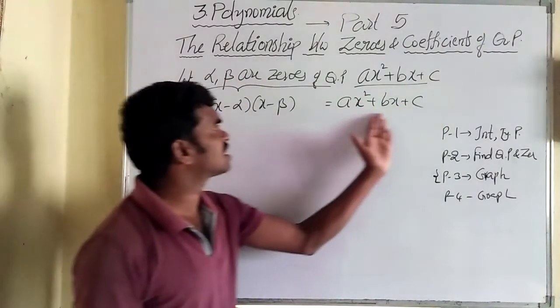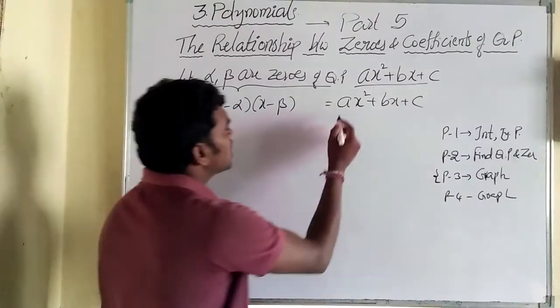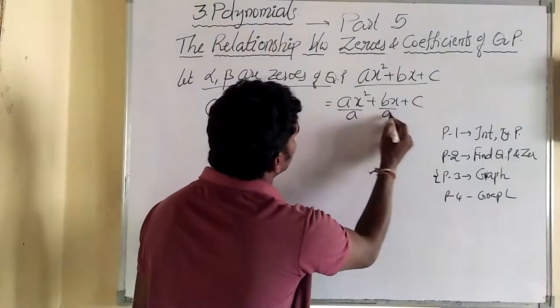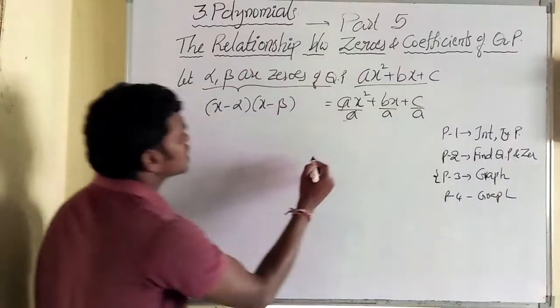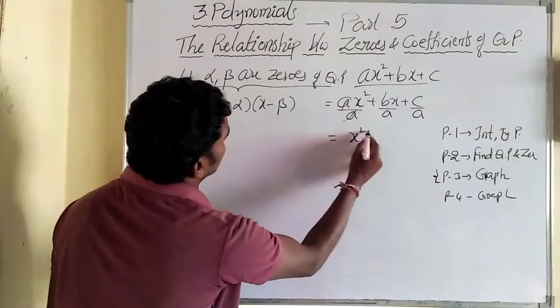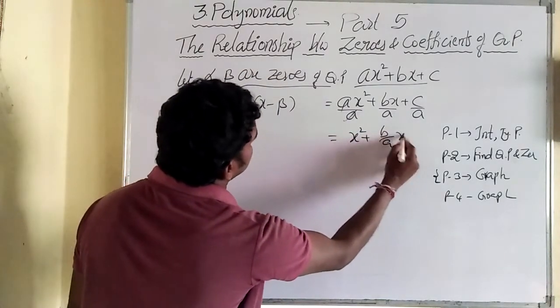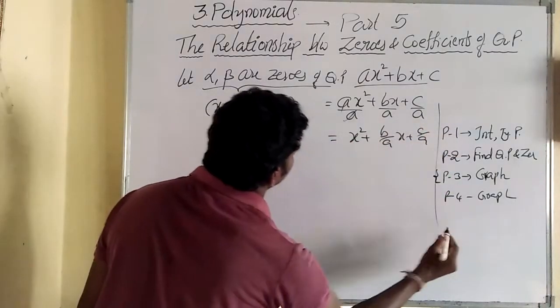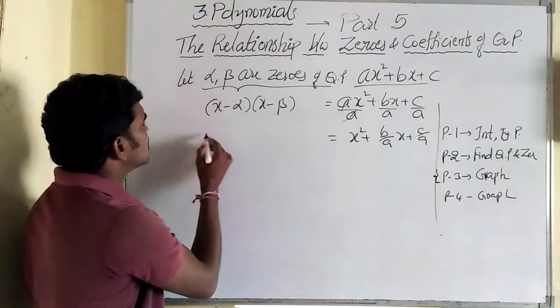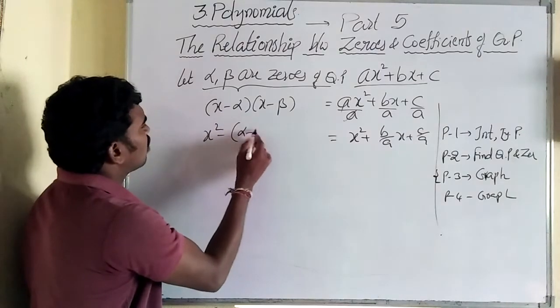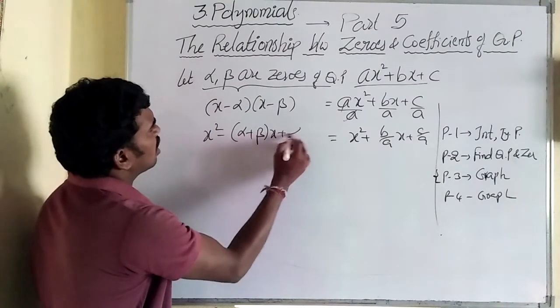Divide this quadratic polynomial by a, each and every term, so a cancels and we get x square plus b by a x plus c by a. Simplifying the other form, we get x square minus (alpha plus beta) into x plus alpha beta.